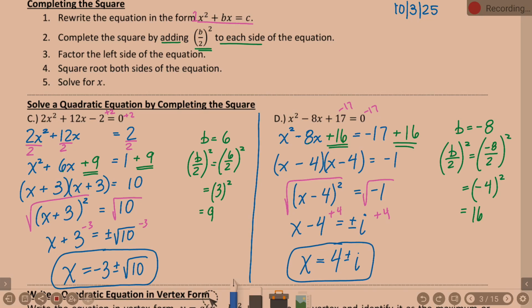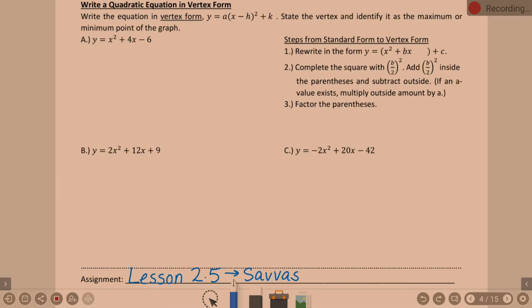Now, the other topic that we have today is still using completing the square, but it's a little twist on it. We're going to be taking an equation like x squared plus 4x minus 6. And what we're going to do is use completing the square to try and rearrange it so that it's in vertex form.